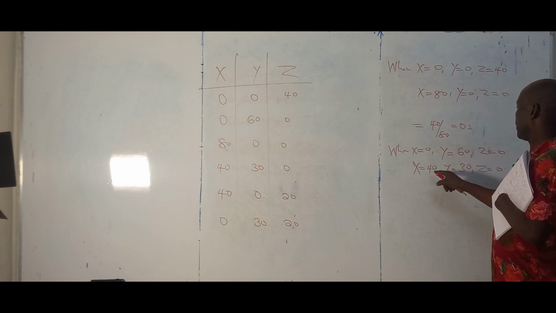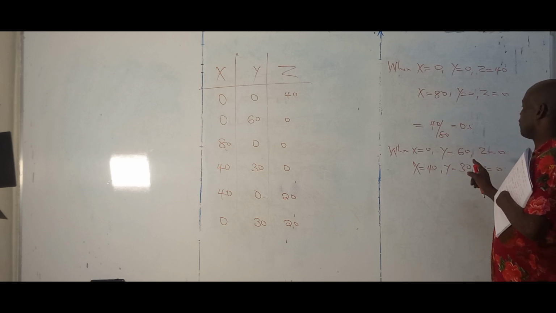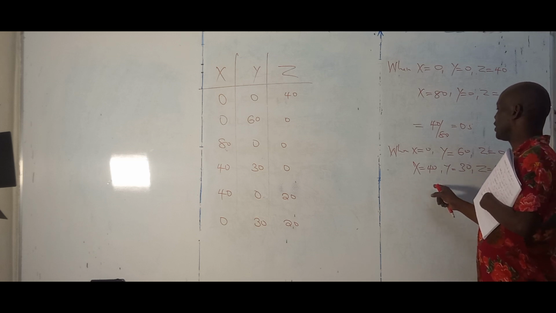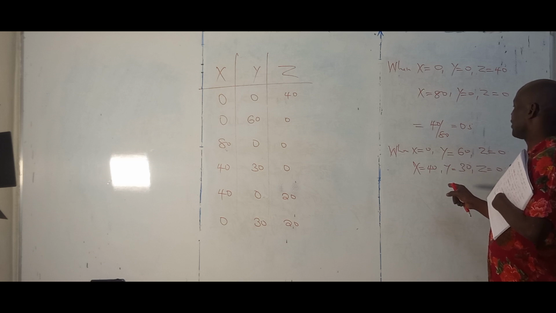But then, now the farmer decides to commit part of the land to produce X and part of it to produce Y. But by producing 40 output of X, Y now reduces to 30.